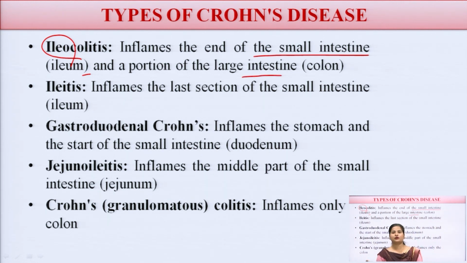This ileocolitis causes inflammation in the region of the end part of the small intestine, which is known as the ileum, and some part of the large intestine, which is known as the colon. So, this is ileocolitis.